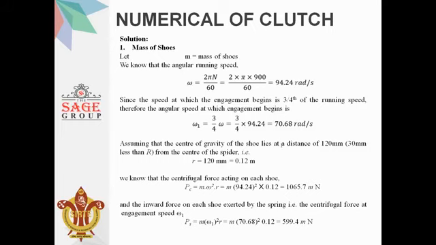The inward force on each shoe exerted by spring, that is centrifugal force at engagement speed omega 1, PS is equal to m omega 1 square r. So this is equal to m into 70.68 square into 0.12. Solving this, we will find that PS is equal to 599.4 m newtons.